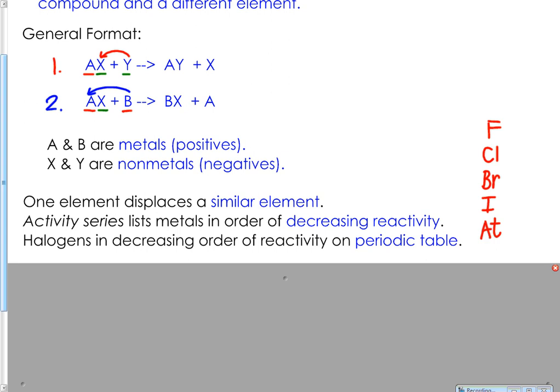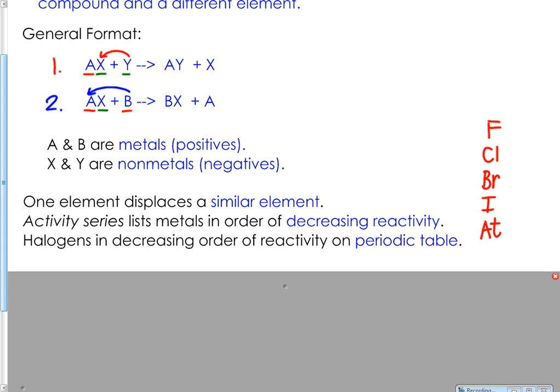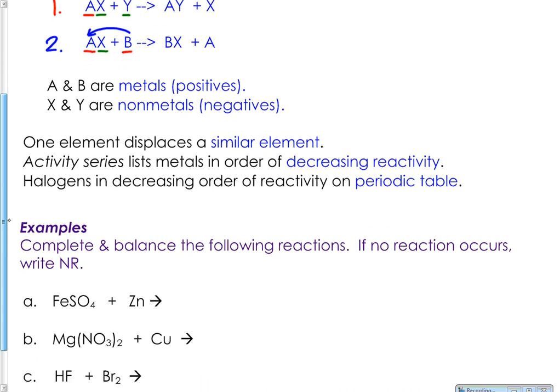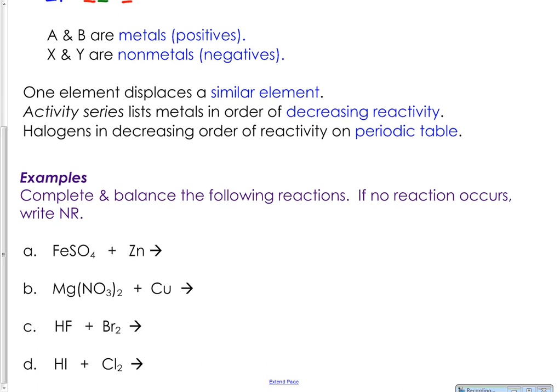Okay? So, continuing with our examples, you're going to need your blue sheets to help you do these. When we look at this first example, A, we're going to look at our compound, which is iron 2 sulfate, and that is reacting with zinc. Now you always want to look at the single element and decide if it's a metal or a nonmetal.